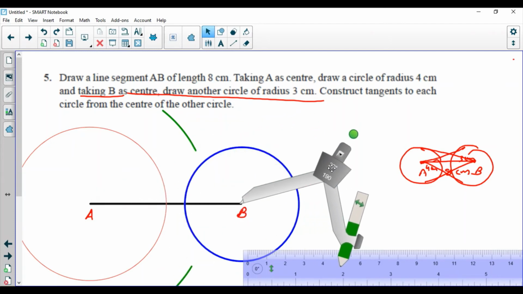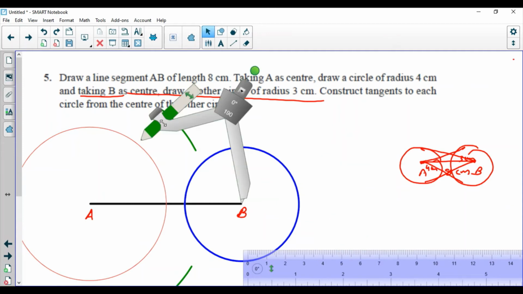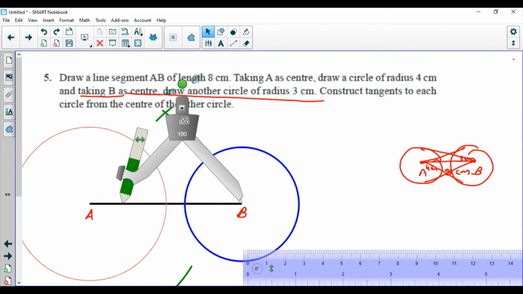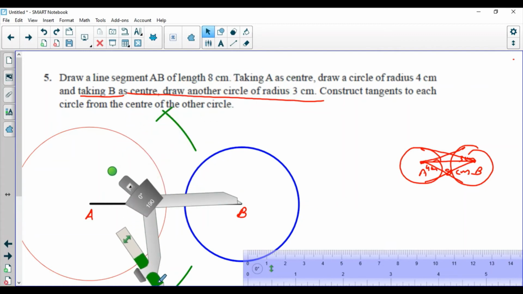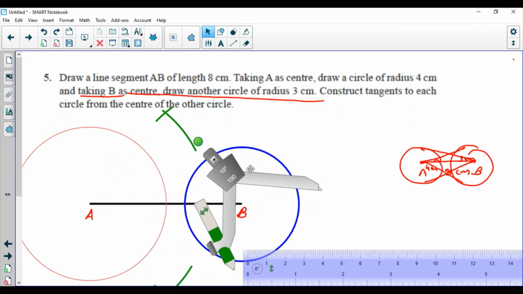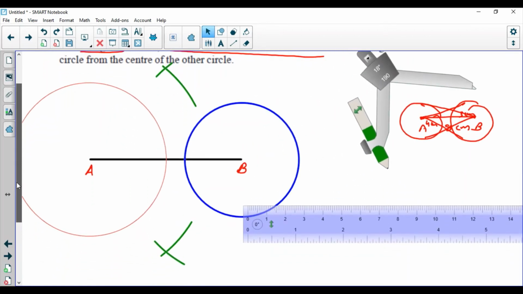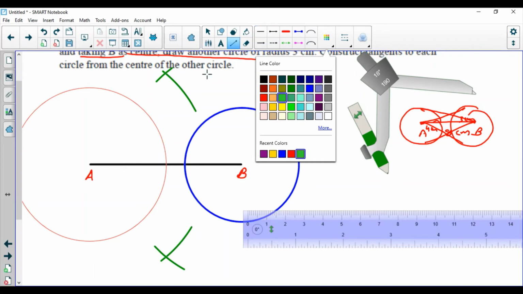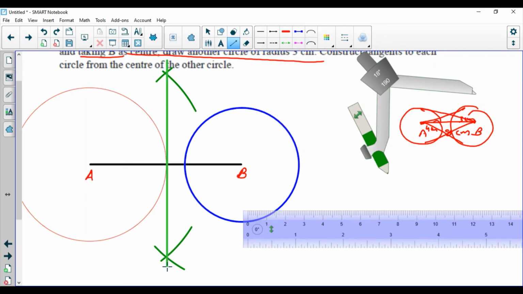Then keep the compass pointer at B and cut those arcs. Join them to get the perpendicular bisector. This is the perpendicular bisector.